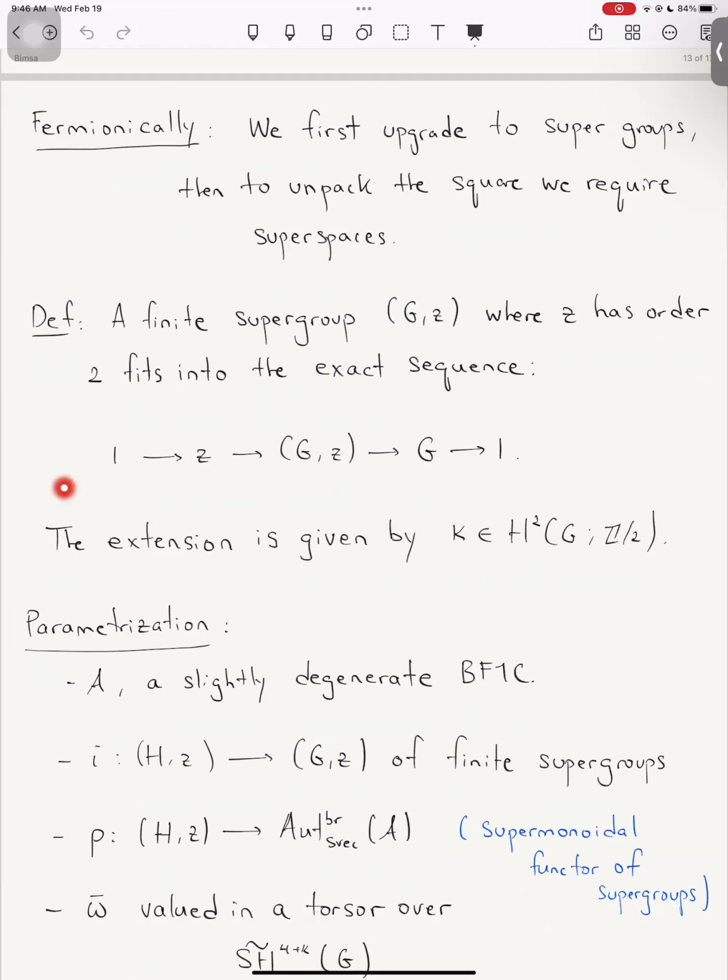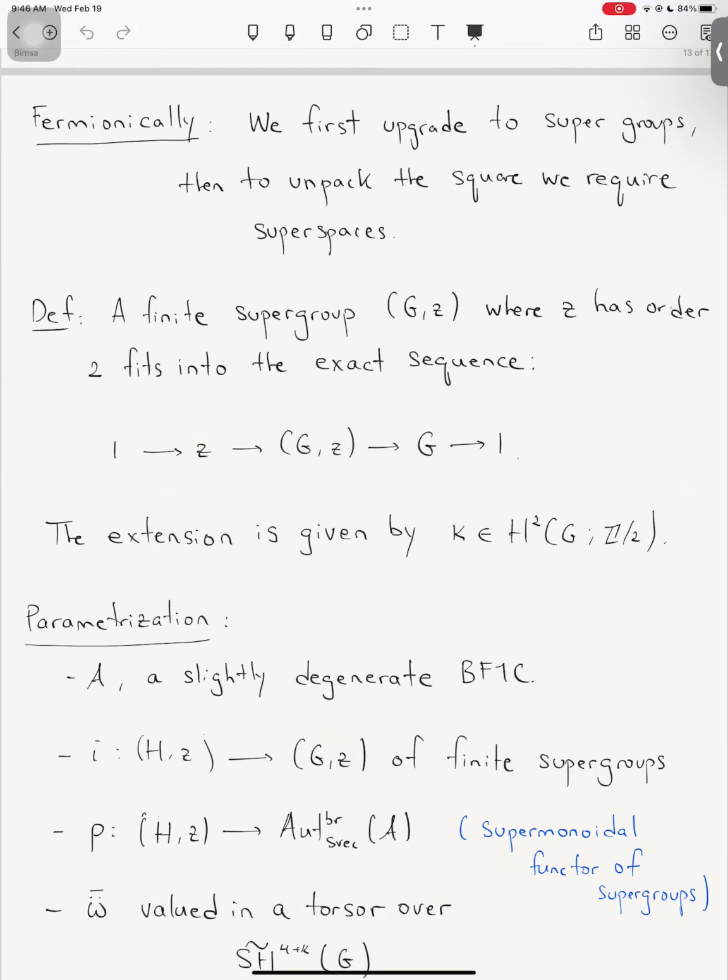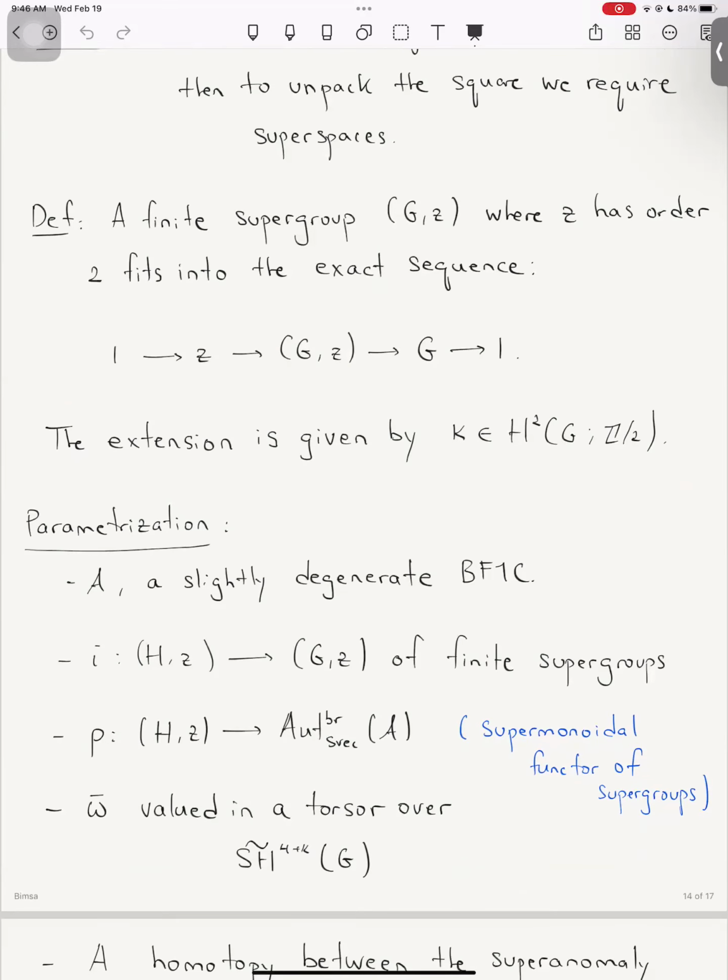And I want to say that the supergroup lives in an extension of something called the bosonic group. What parameterizes this extension is kappa, right? So that's one ingredient, and then I need to introduce for you the super cohomology coming up.